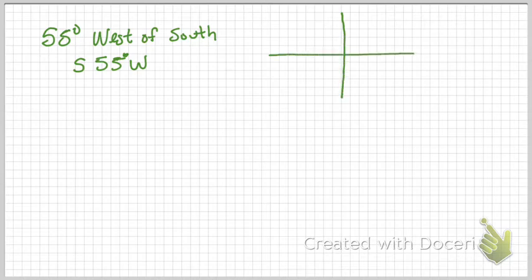So if I look at this guy, 55 degrees west of south. So I would point towards due south. There's due south. And I turn towards the west 55 degrees. So that's this angle right here. Point towards the south, turn towards the west.